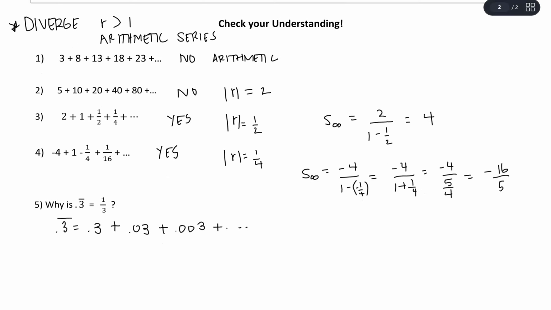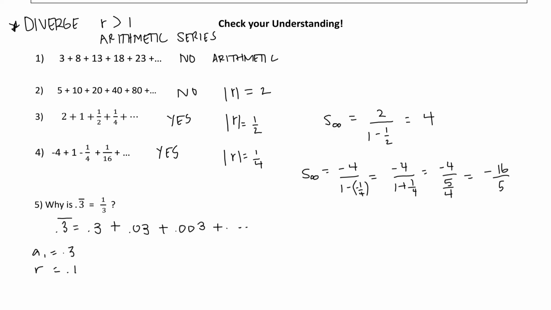What is the first term? The first term is 0.3. And what is the r value? What am I doing each time? I'm multiplying by 0.1, and that 0.1 is between 0 and 1.